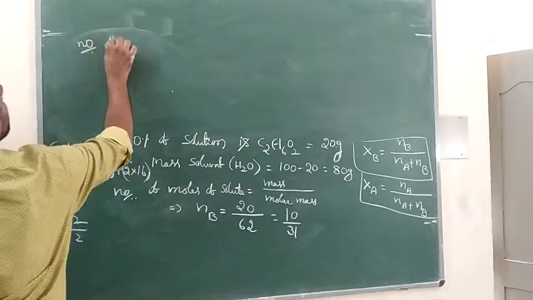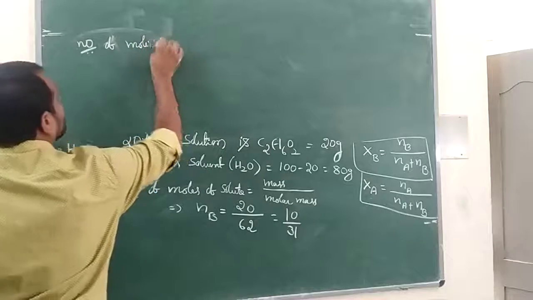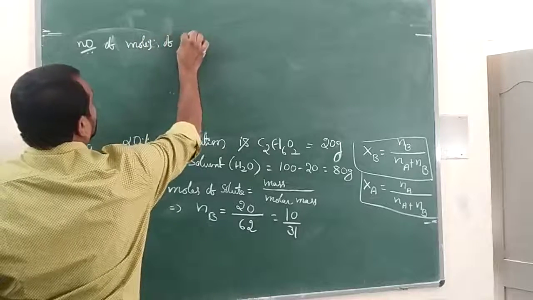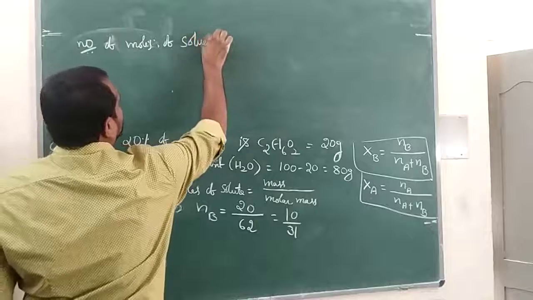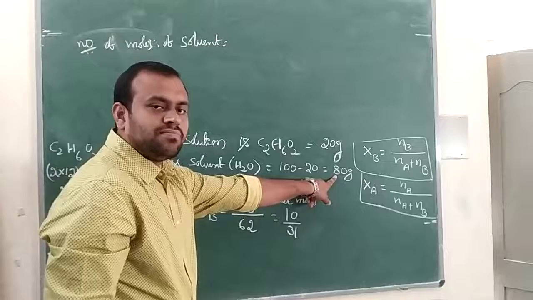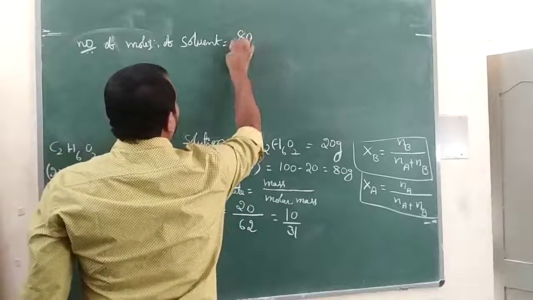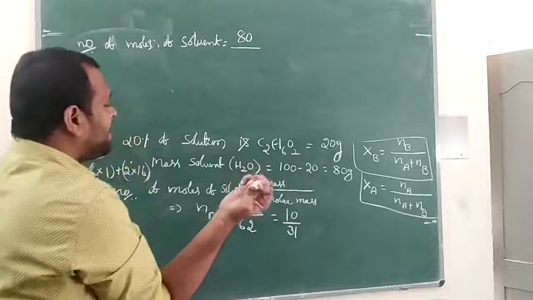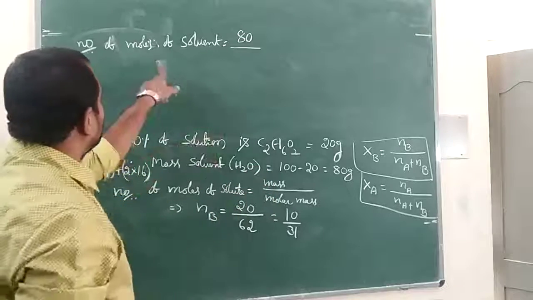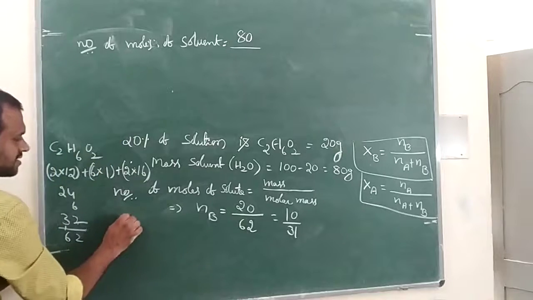Number of moles of solvent is equal to mass of solvent divided by molecular mass. How much is the mass of solvent? 80. Molecular mass of water is how much?